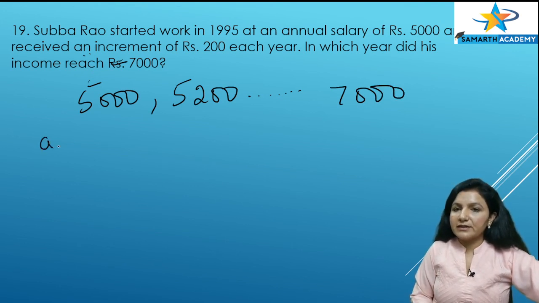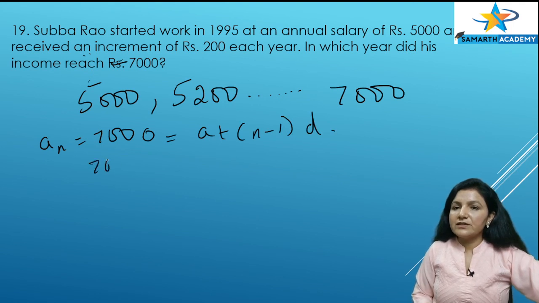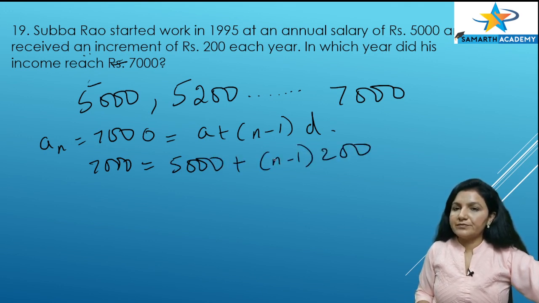So let AN be equal to 7,000, which is A plus N minus 1 into D. 7,000 equal to A, which is 5,000, plus N minus 1, D is 200. 7,000, take 5,000 that side.